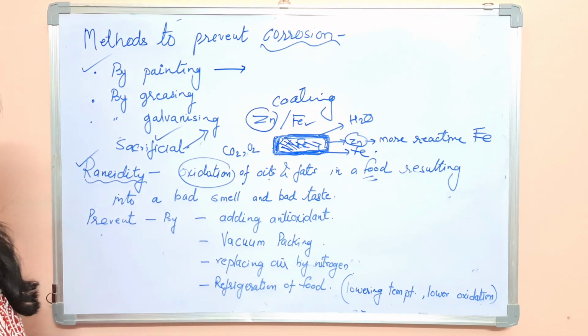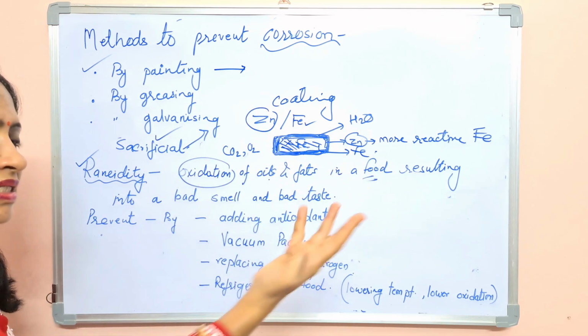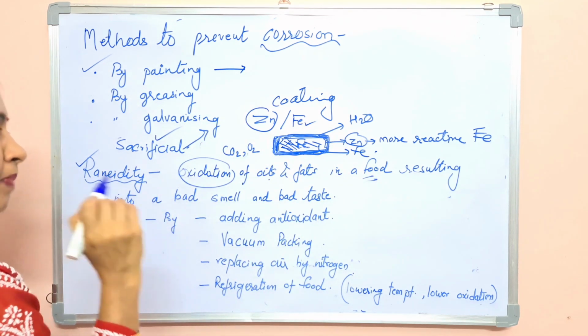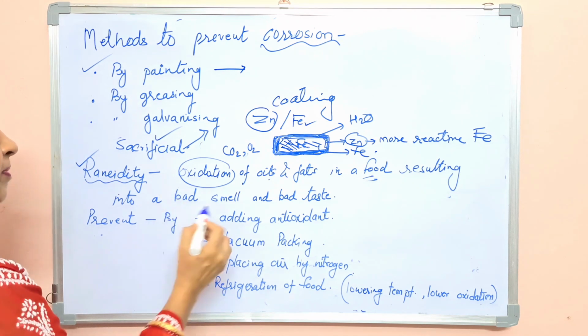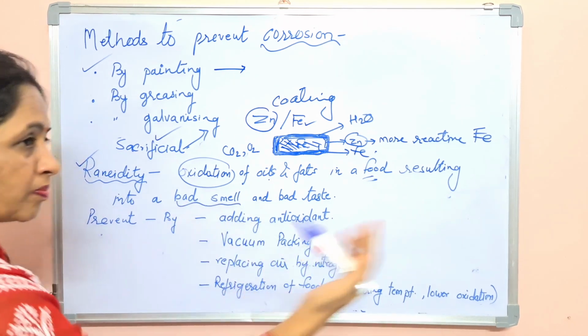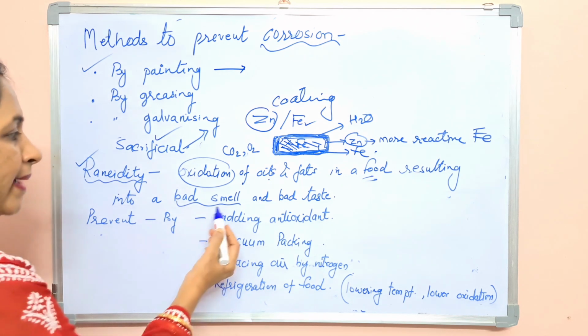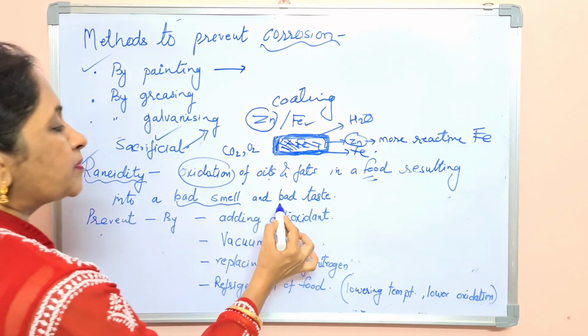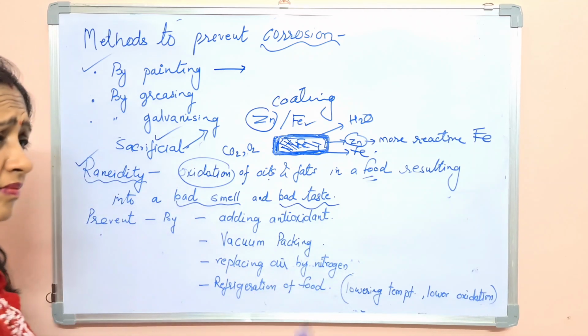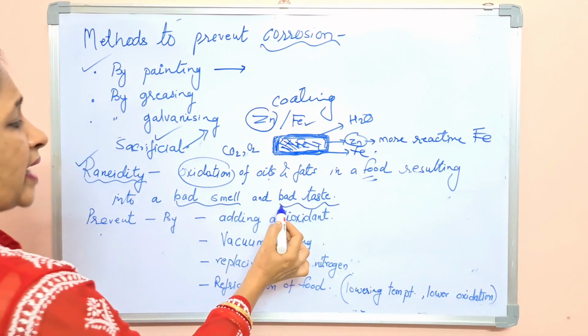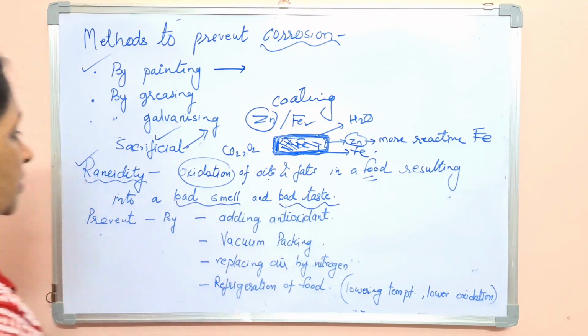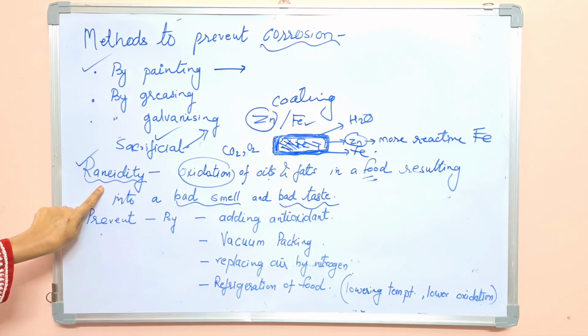Volatile means it changes from liquid to gas at room temperature, and because of that volatile substance a bad smell comes out, because smell travels through gas. Bad smell comes out and that substance becomes unfit to consume. So bad taste is also there. So this is what is called rancidity.